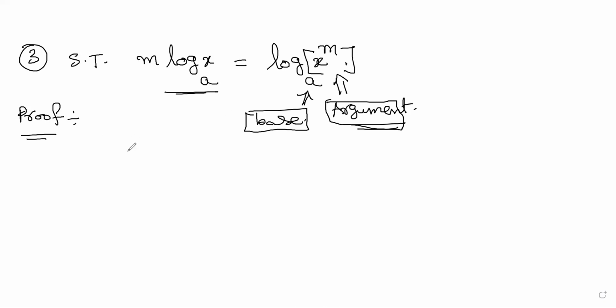For this we'll do the same way. Log x power m to the base a is equal to, let us say, p. So what happens? x power m is nothing but a to the power of p.